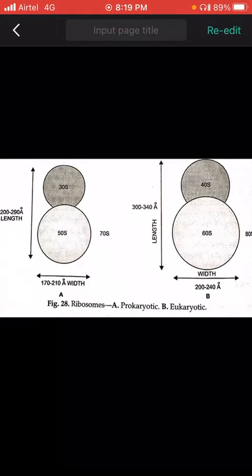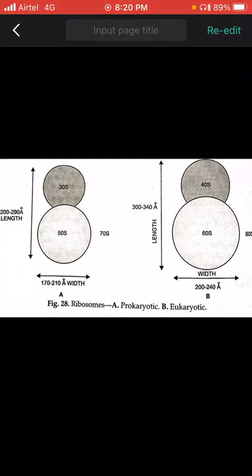Okay, so if we conclude about 70S and 80S ribosomes, there are major differences between them. First, the sedimentation coefficient, that is 70S and 80S; on the basis of how they settle, they are classified into two groups. Size: 70S is 200 to 290 Angstrom, while 80S is 300 to 340 Angstrom.